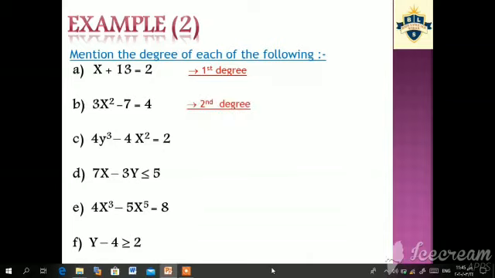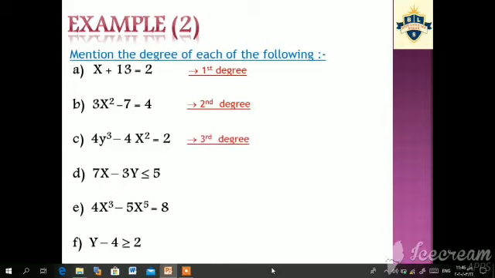Letter C, we have 4y^3 minus 4x^2 equals 2. This is an equation of two variables x and y. The power of y is 3 and the power of x is 2. Which is greater, 3 or 2? Yes, 3. So the degree is third degree.